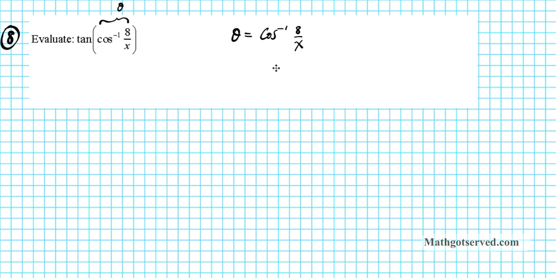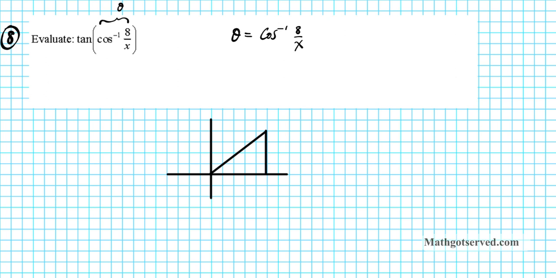If theta is equal to the inverse cosine of 8 over x, what do you think these two measures are in a triangle in standard position? So let's make a triangle in standard position right here. I'm going to put it in the first quadrant, and let's say theta is in quadrant number 1, since there's no negativity here.